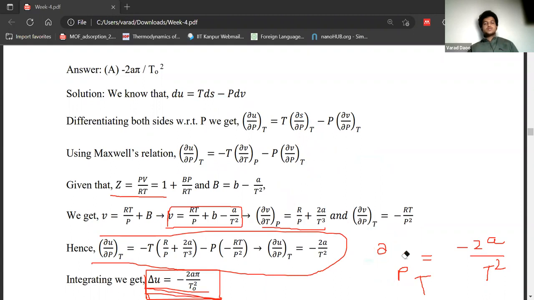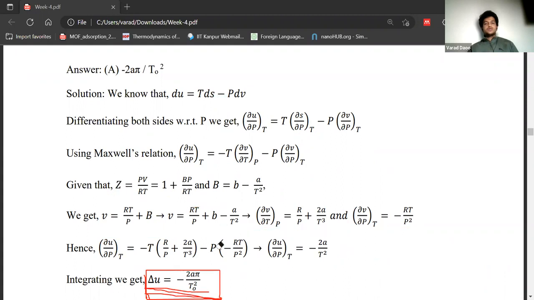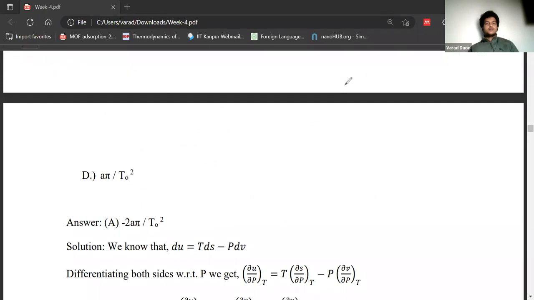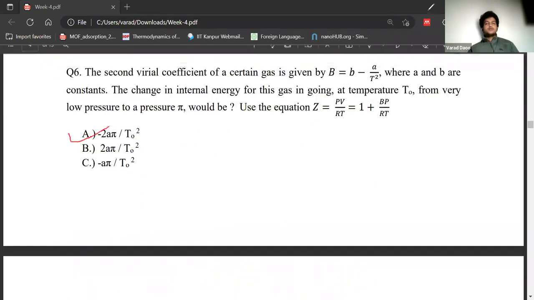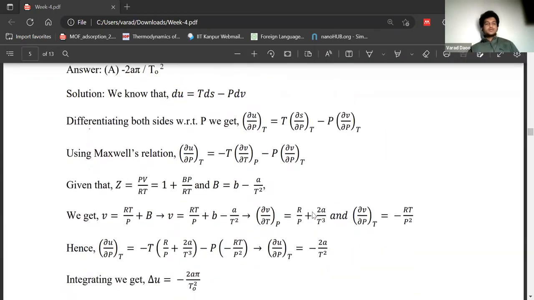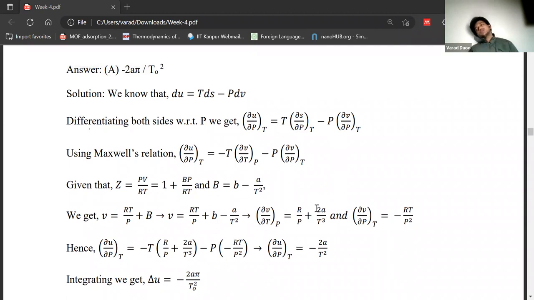Anybody has any question on this? Anybody has any doubt in this question or this solution? They can ask. So the correct answer is option A. Okay. Anybody has any question? I'll give you a couple of minutes. If anybody has any question, they can ask.